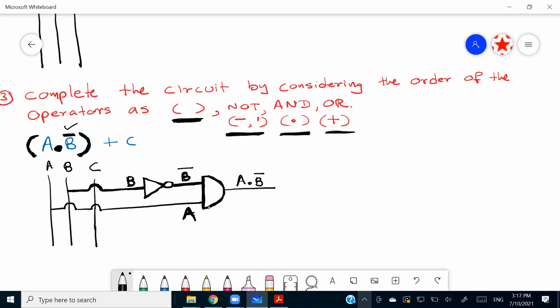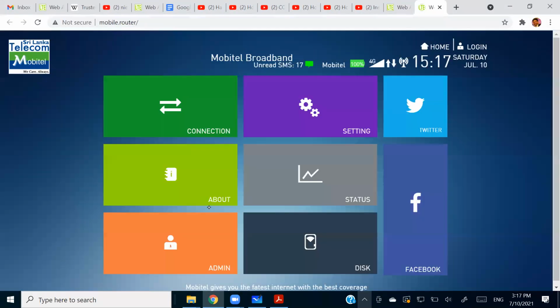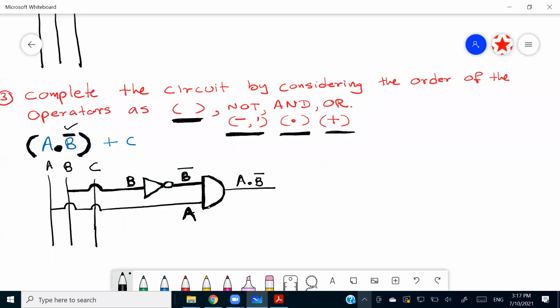Yeah, Ravidu, the second line. Otherwise, how are we going to involve A? If I don't take the A line, how am I going to take A as an input to the AND gate?